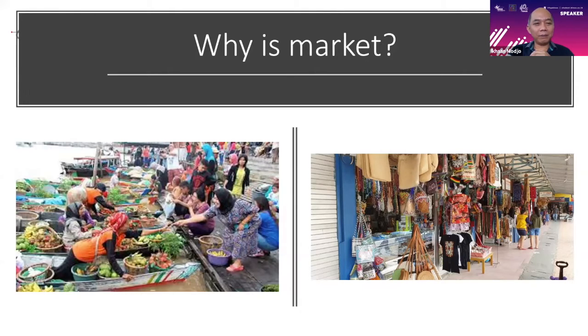Right? People do this buying and selling in the market, but the market is actually over the river, which is very, very special to that region. You can only find it basically in Banjarmasin, Kalimantan.